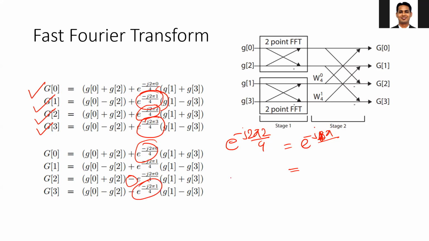So what is the advantage here? Instead of storing 16 weights, because the matrix is 4 by 4, you need to store only 2 weights for the case of the 4-point FFT. If you remember, in the previous code where we discussed the 8-point FFT, we had to store only 4 weights.